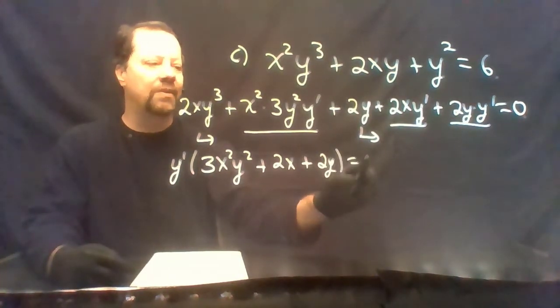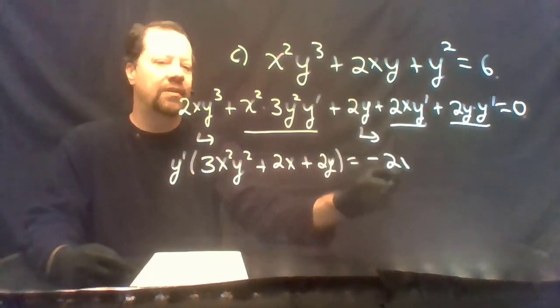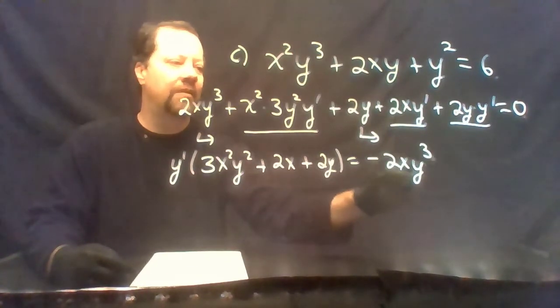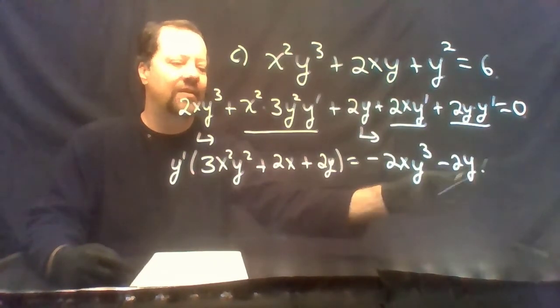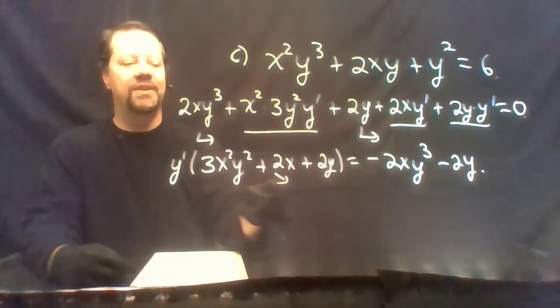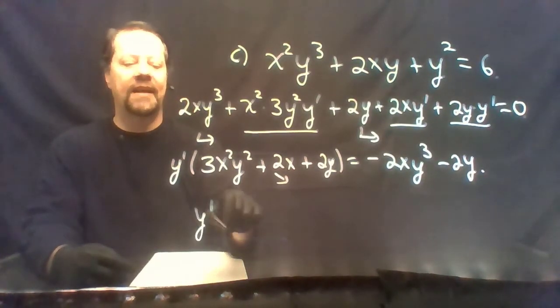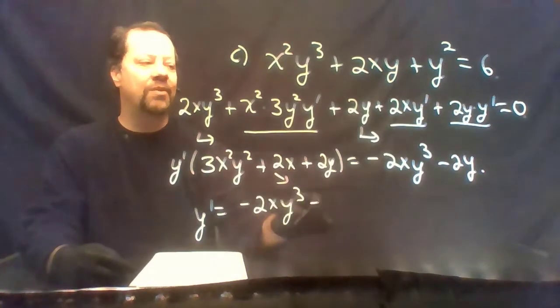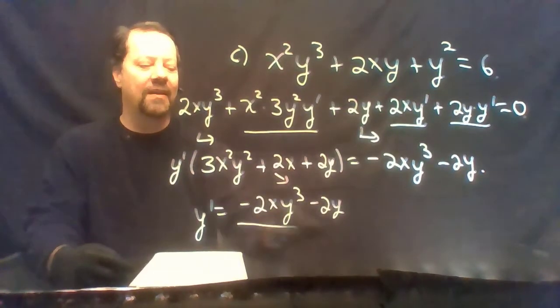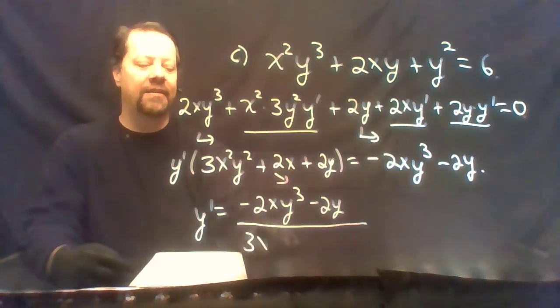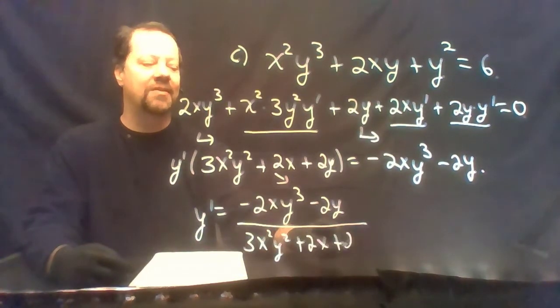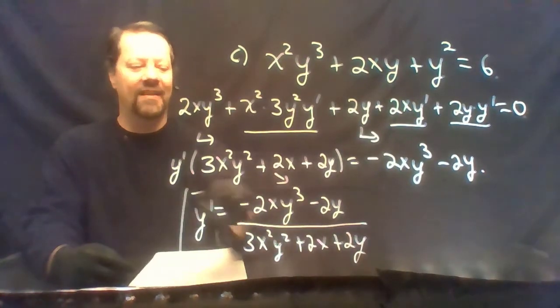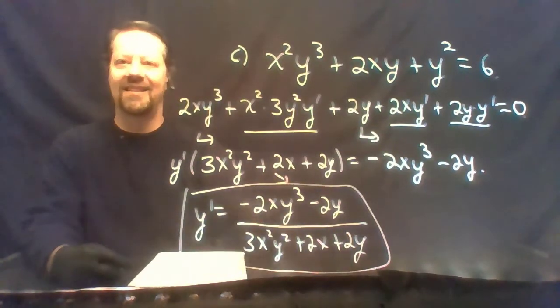That will equal negative 2xy cubed minus 2y. We just divide this factor off, and we get y prime equals negative 2xy cubed minus 2y divided by 3x squared y squared plus 2x plus 2y. Drop it. You're done.